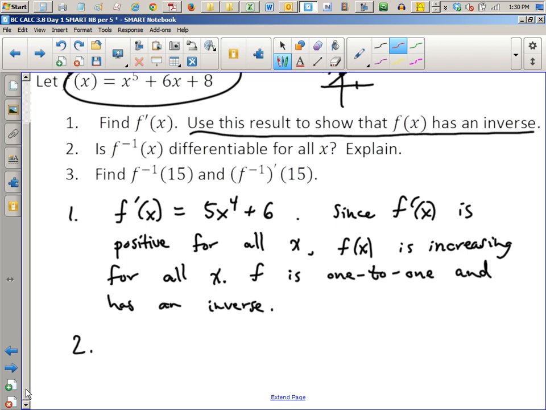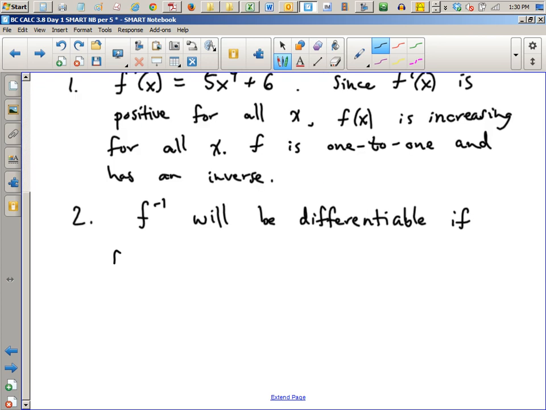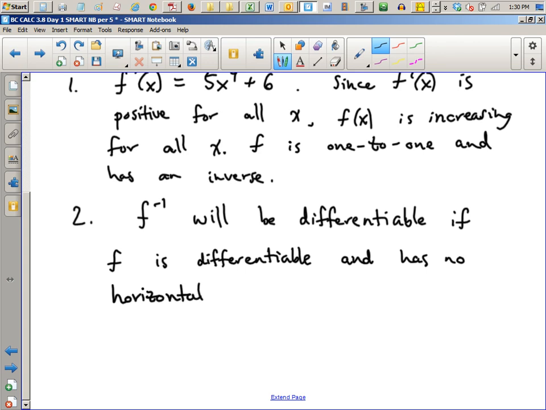Okay, so f inverse will be differentiable if f is differentiable and has no horizontal tangents. I believe both of these are satisfied because f is differentiable, it is a polynomial, right?